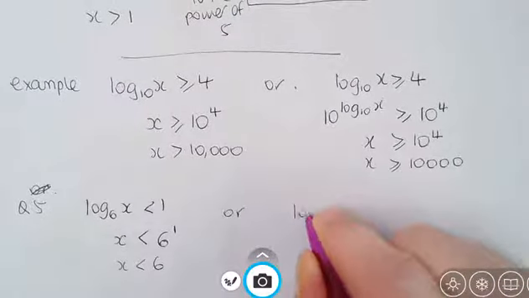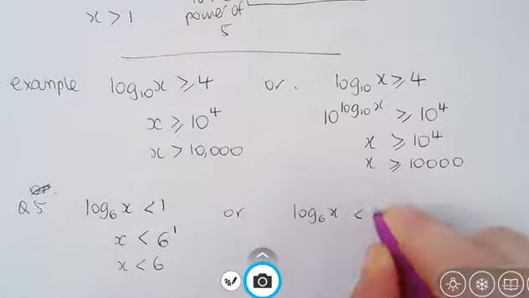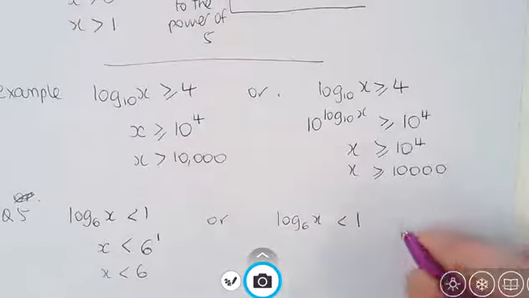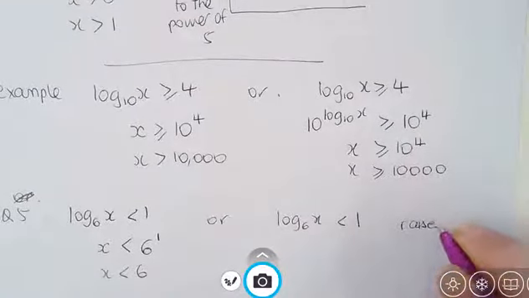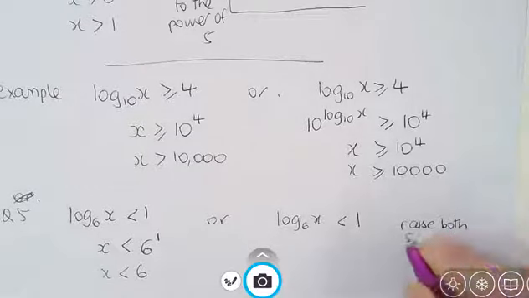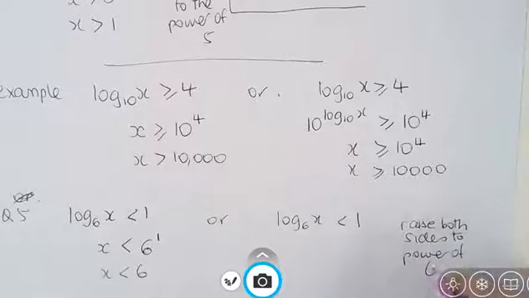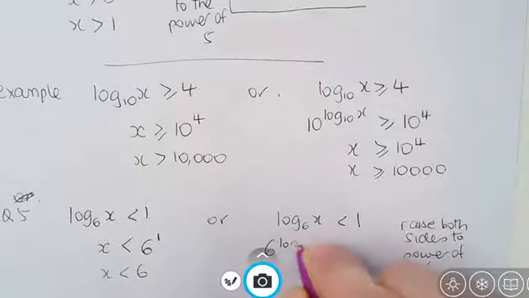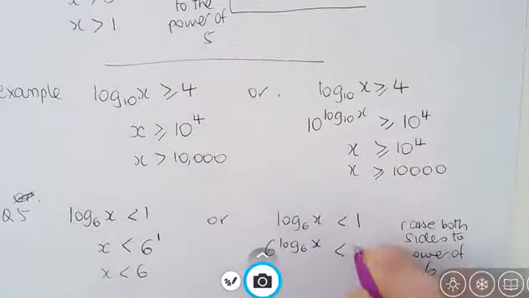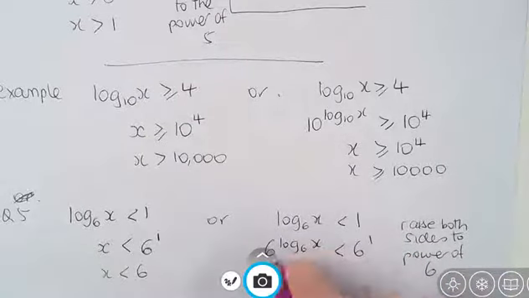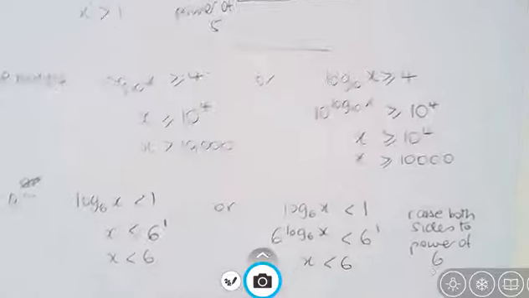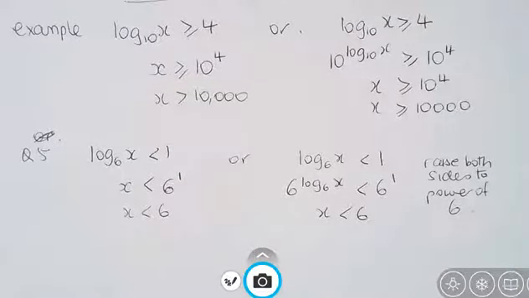Or you could start with log to the base 6 of x is less than 1 and raise both sides to the power of 6. So 6 to the power of log base 6 of x is less than 6 to the power of 1. They cancel. x is less than 6. So I'm just showing you two ways of doing those questions.